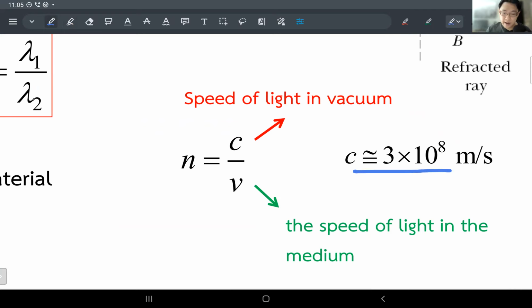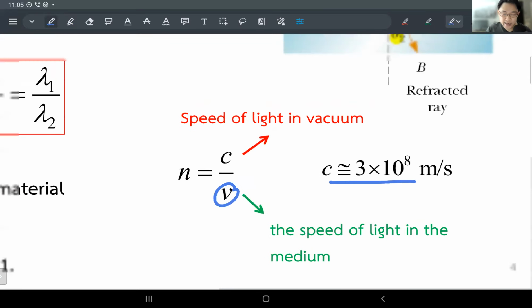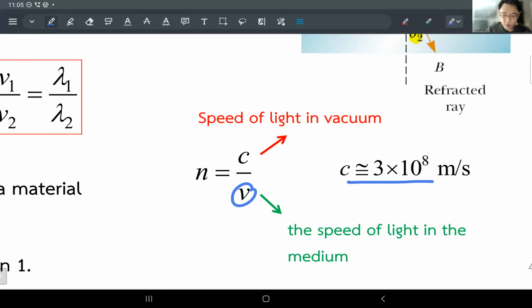So the number you divide by is not going to be bigger than that, which guarantees that n is larger than 1, or at best equal to 1 in the case of the vacuum itself. Everyone with me so far?